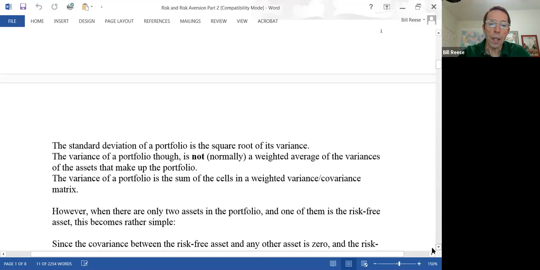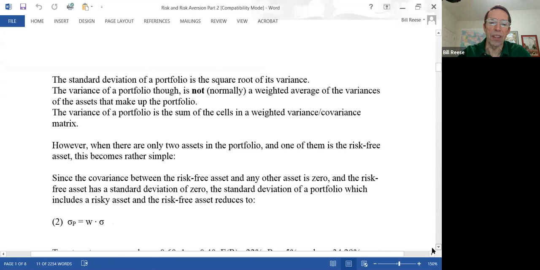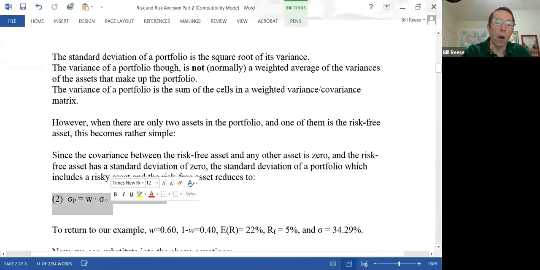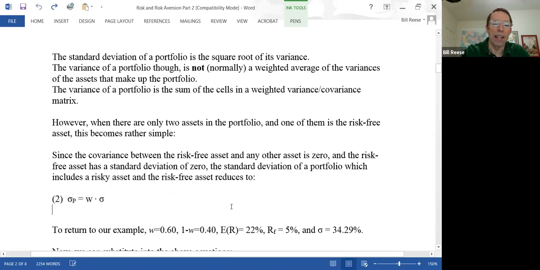Now, the next thing we've got to do is come up with the standard deviation of the portfolio. That's going to be equation number 2 here. The standard deviation of our portfolio, when we have one risky asset and one risk-free asset, is the weight on the risky asset times the standard deviation of the risky asset.